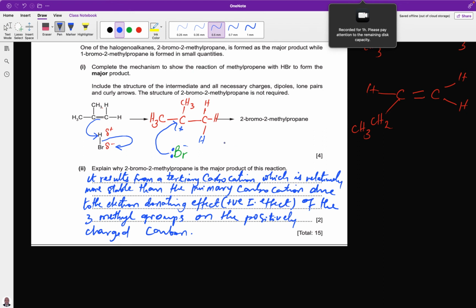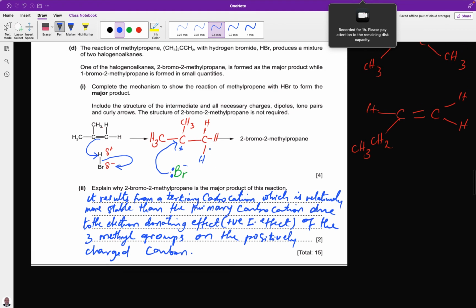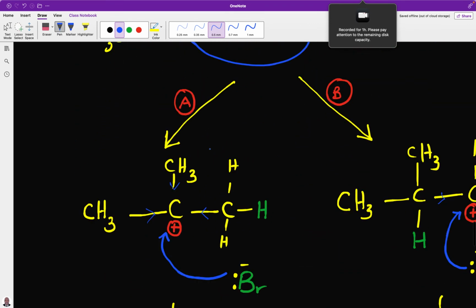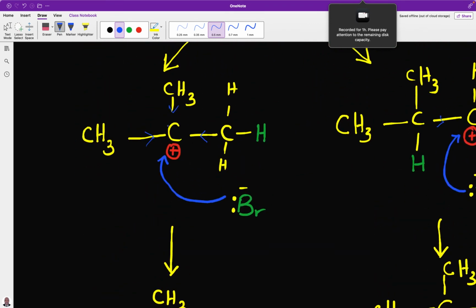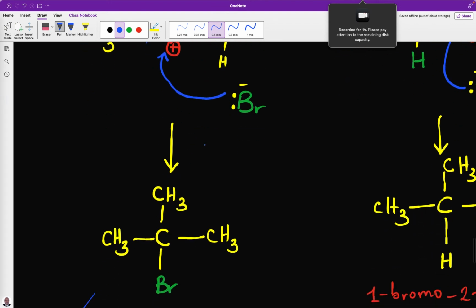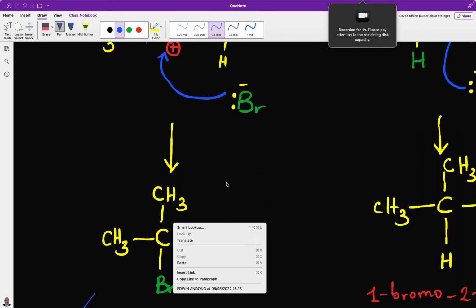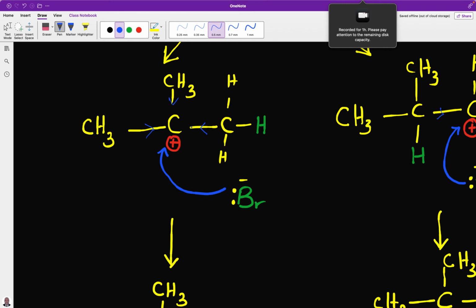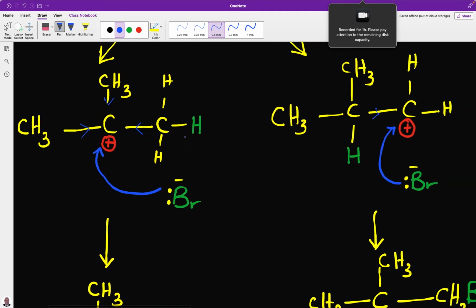The three methyl groups here are electron donating. As they donate more electrons, because there are many of them, 1, 2, 3, they help to reduce the charge density on the positively charged carbon and make this molecule energetically more stable.